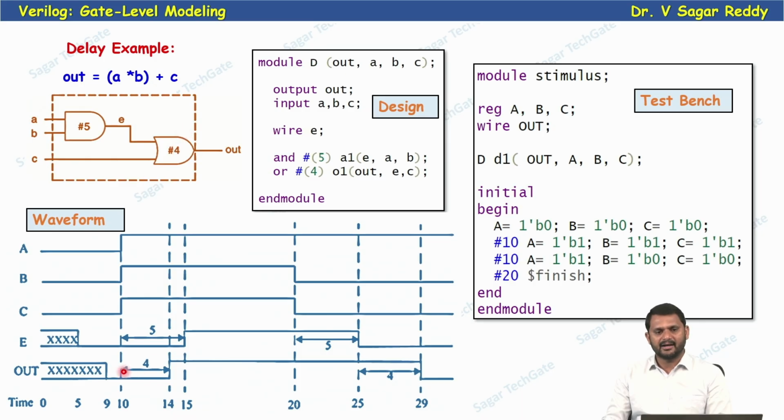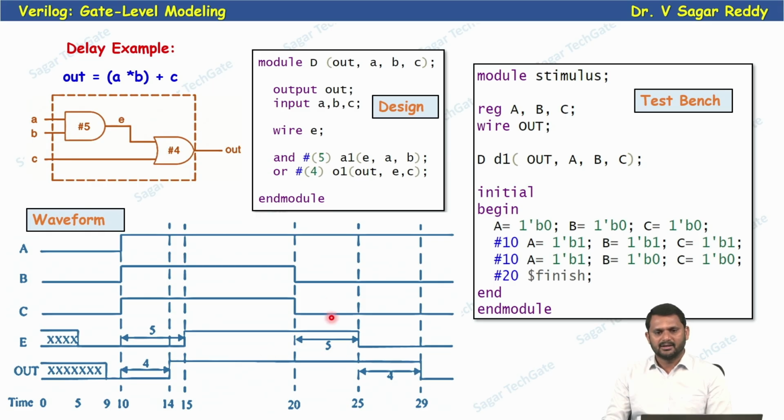But how much delay? It requires 4 time units of delay to get a valid output. Even though c is 1, the output takes 4 time units of delay, because the OR gate delay is 4. The output is updated at the 14th time unit. Clear? I think by this example you will get an idea of how we are getting outputs.